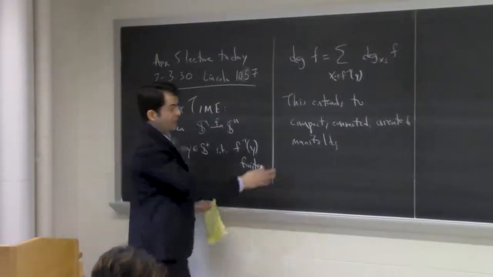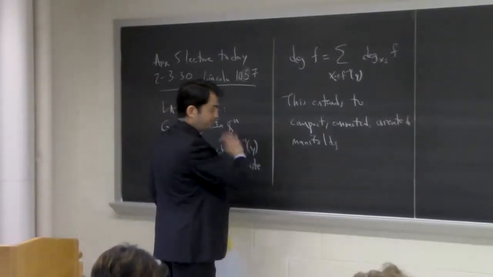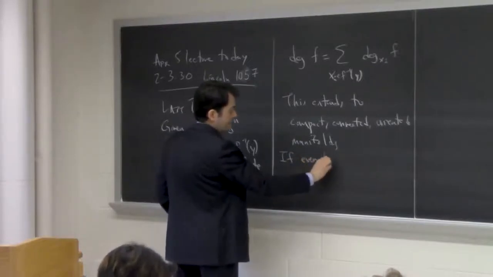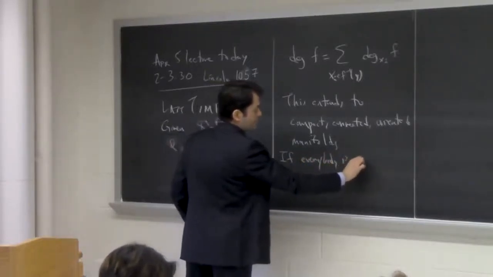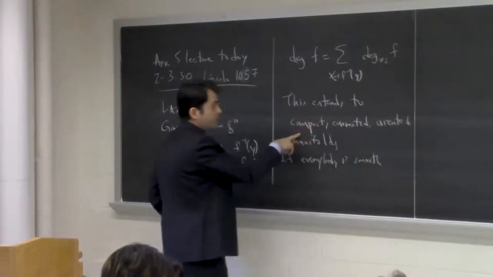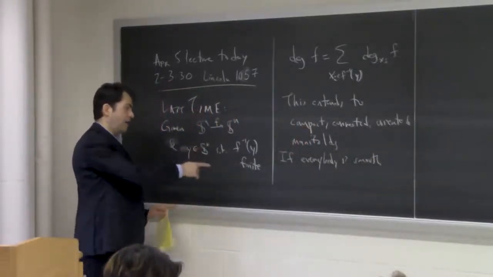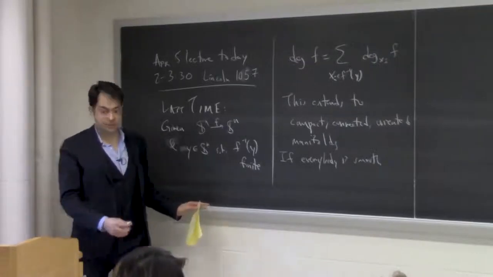And we talked about how if everybody's smooth, meaning the manifolds and the map are smooth, then almost all y's have this property.